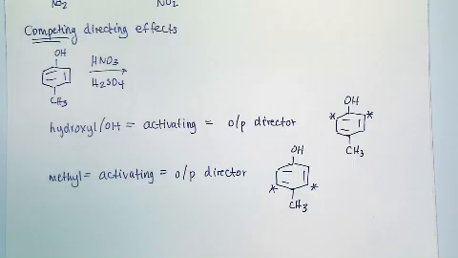And in order to do this, we're going to need to figure out which group is a stronger ortho-para-director. In other words, a stronger activating group. So I will actually go over to the chart now, so make sure that you have access to this. Okay, so we know that they're both activating groups, right?